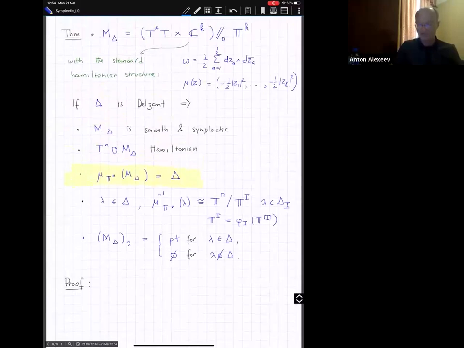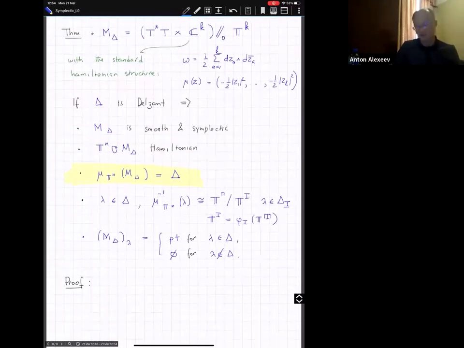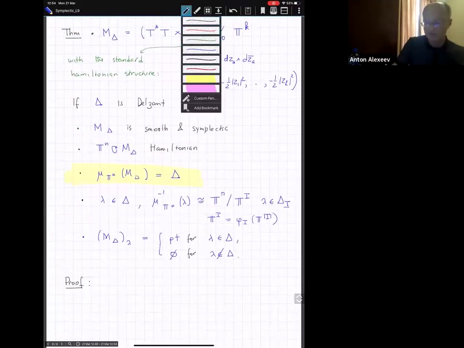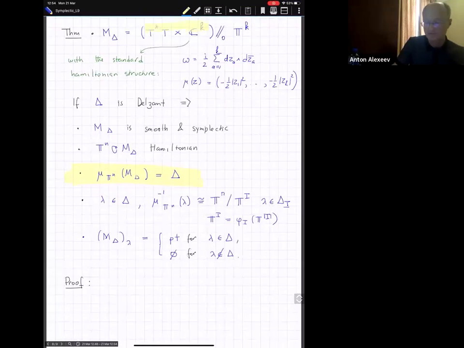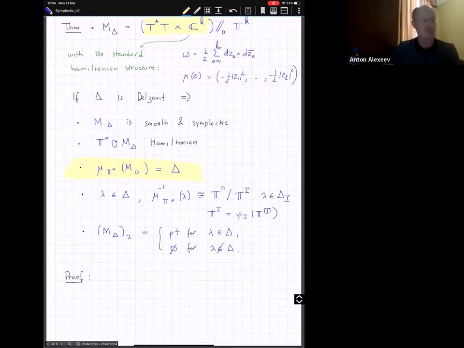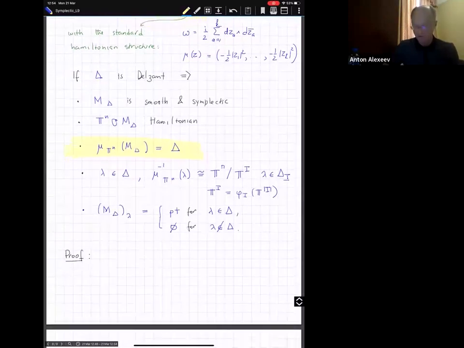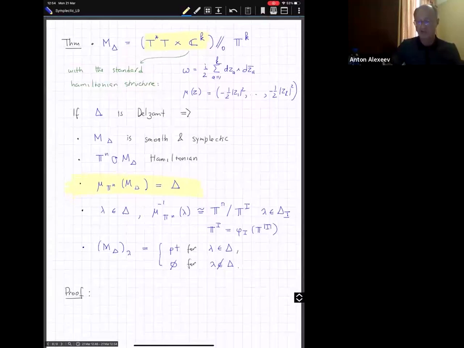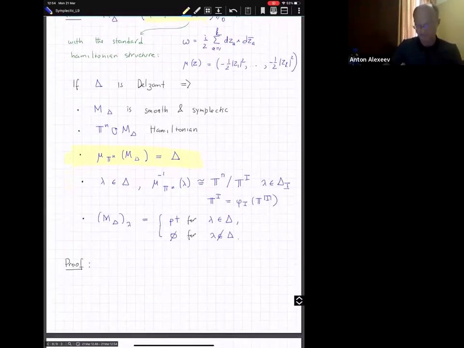So we're doing the reduction of this direct product, right? That's a multidimensional version of symplectic cutting that you saw in the previous problem set, right? So for that, I construct the moment map for the diagonal action.